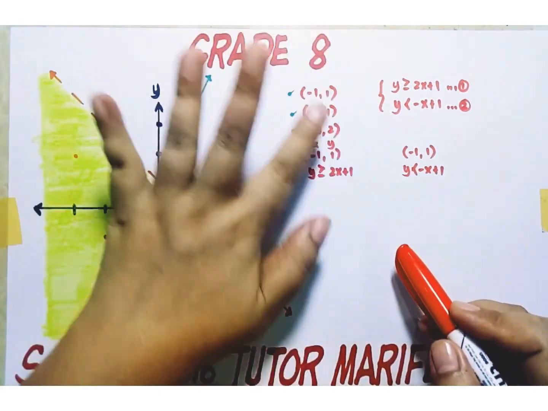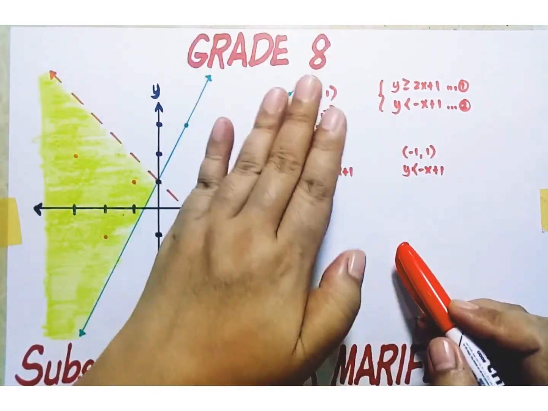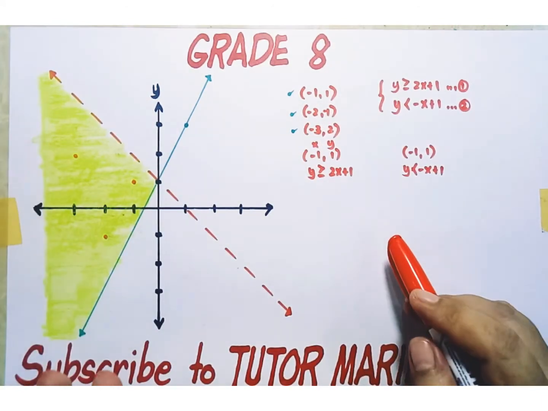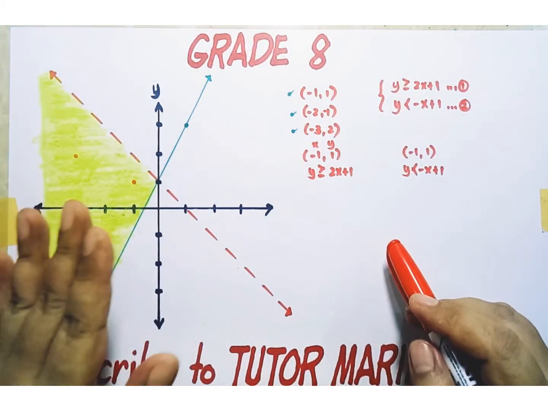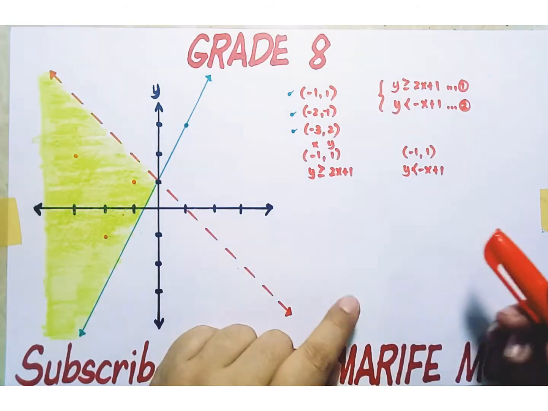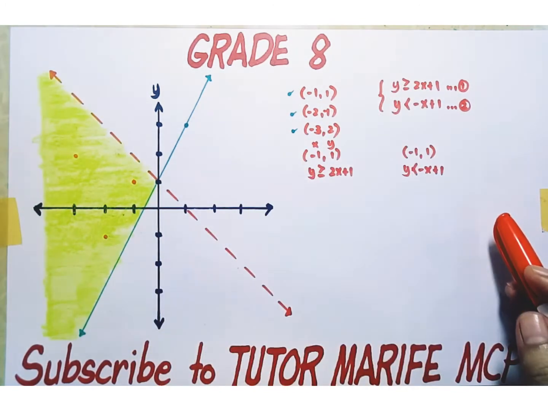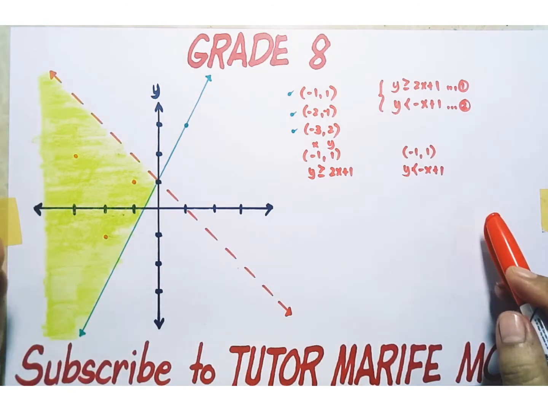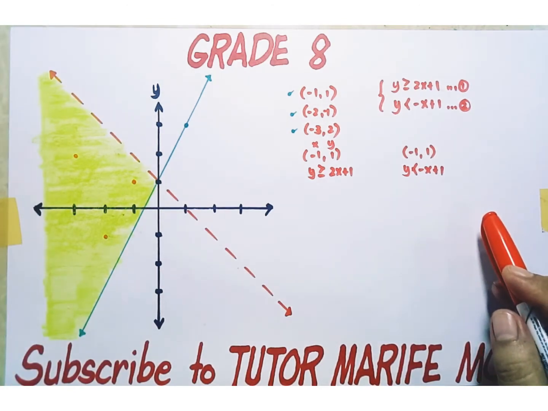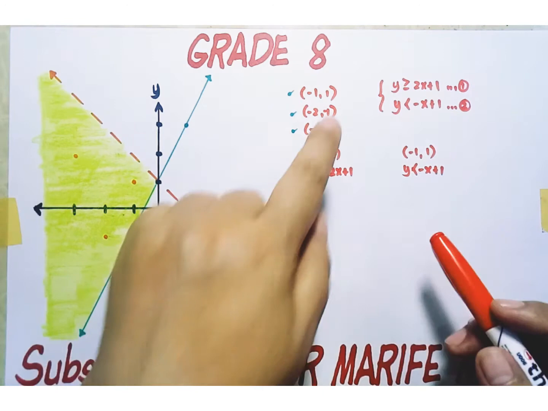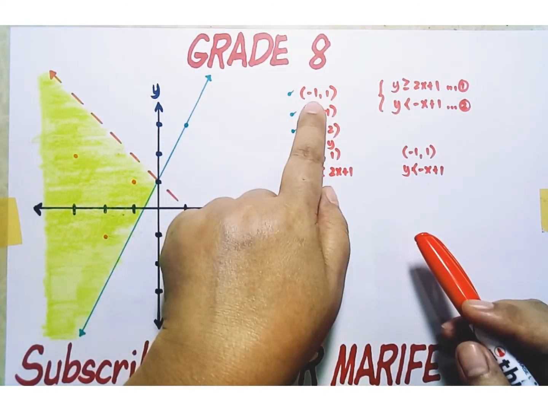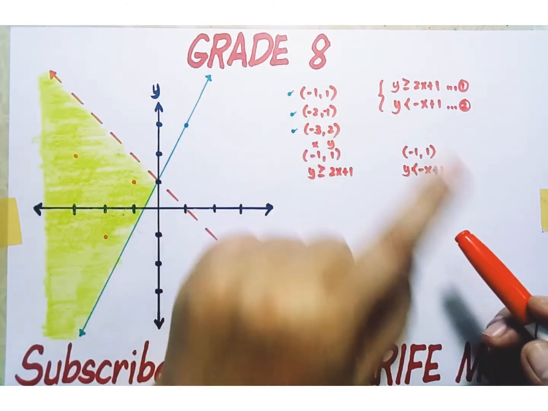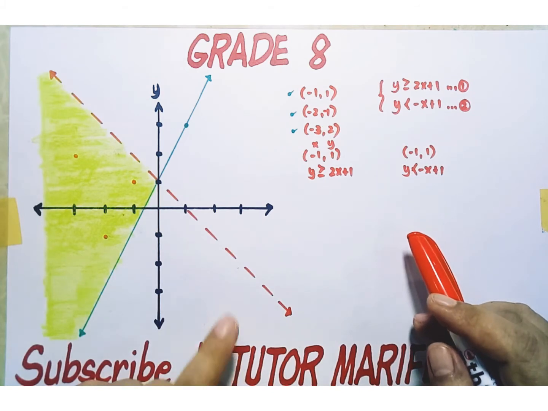Let's verify these points if they really belong to the solution set of the given system by substituting the x and y coordinates into both the inequalities and find out if we end up with true statements. Okay, so let's test the first point. Its x coordinate is -1, y coordinate is +1.